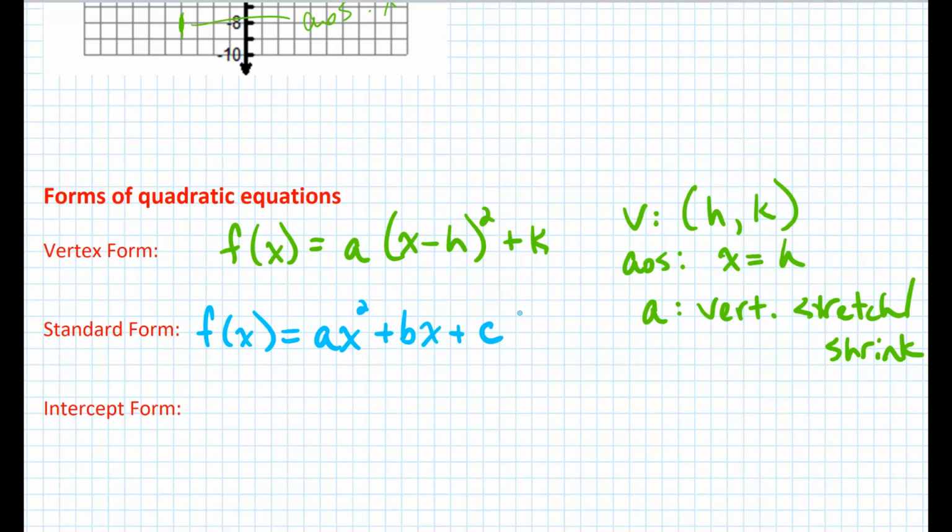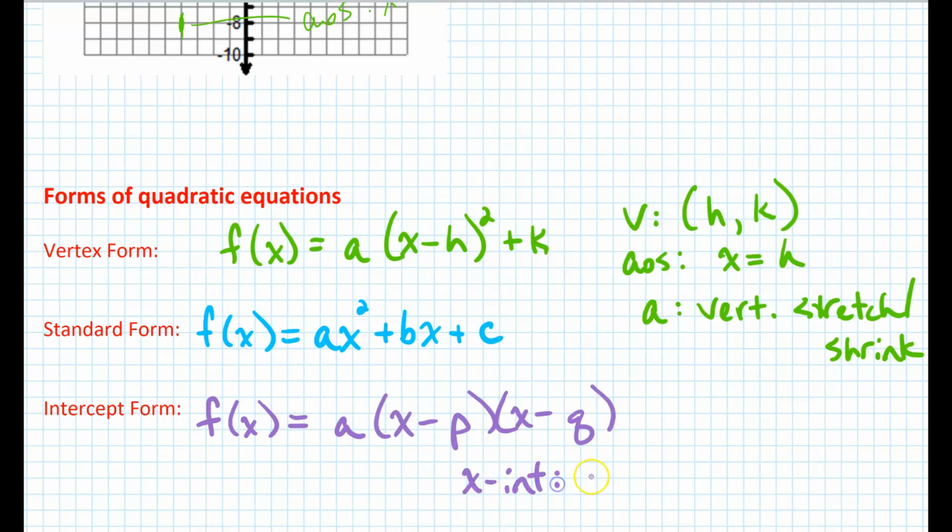And then our last form that we want to look at is the intercept form. And that is f of x is equal to a times x minus p times x minus q. And in this form, what happens is that the x-intercepts are p and q.